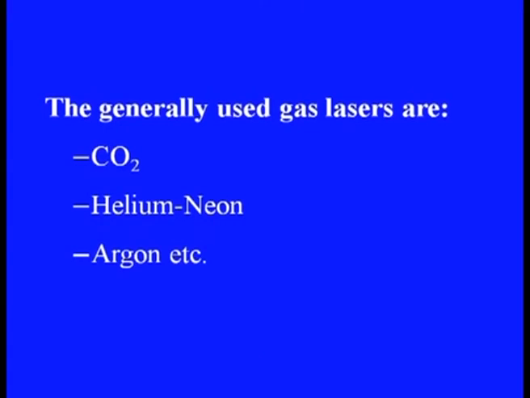There are generally two types of lasers used for cutting: the gas laser and the solid state laser. The generally used gas lasers are carbon dioxide laser, helium neon laser and argon laser, etc. Let us see the characteristics of carbon dioxide lasers. These lasers can be operated continuously and on a pulsed basis.